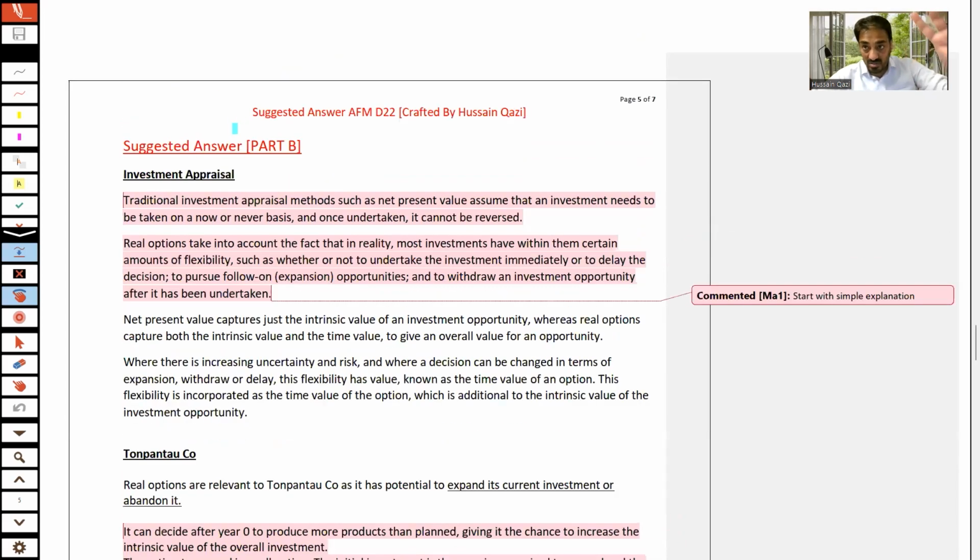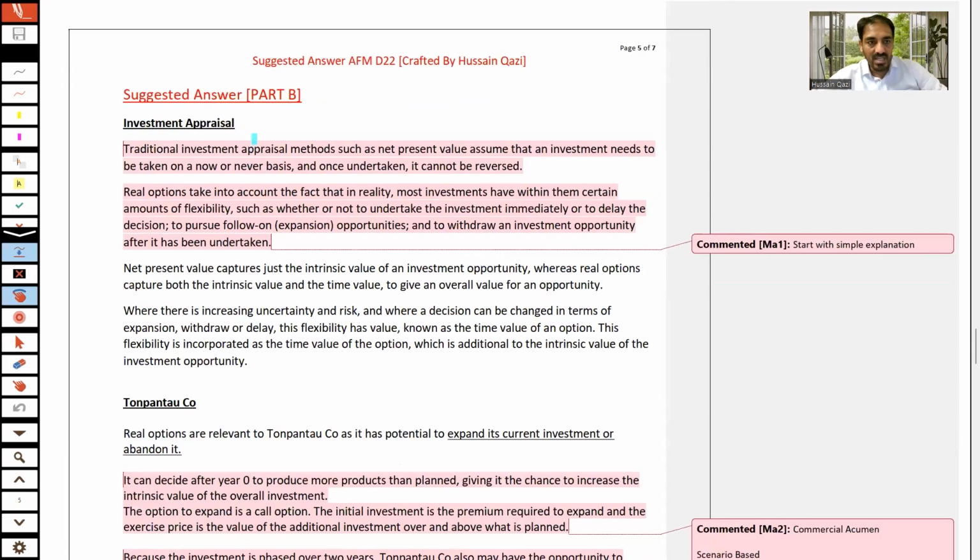So based on the planning we have done, first of all, we have to write the answer: the investment appraisal by the traditional method and by the real option method. What I personally suggest to all my students is to always start with a very basic explanation.